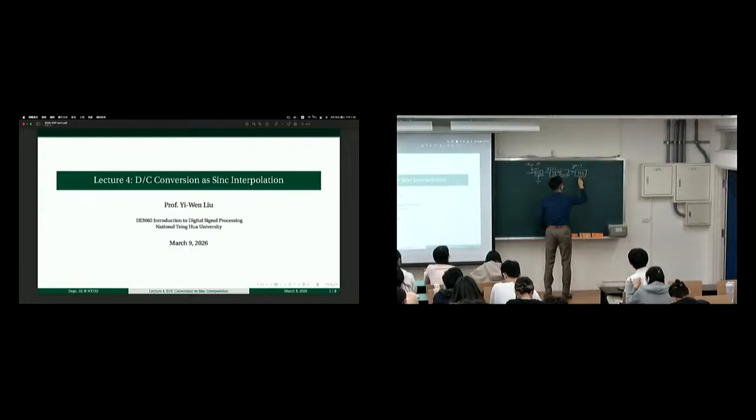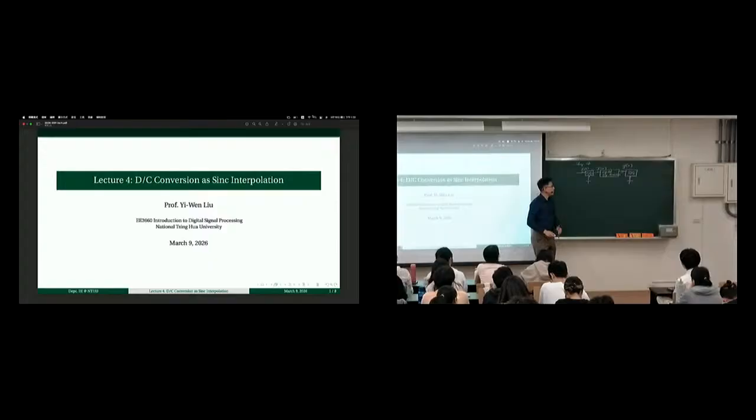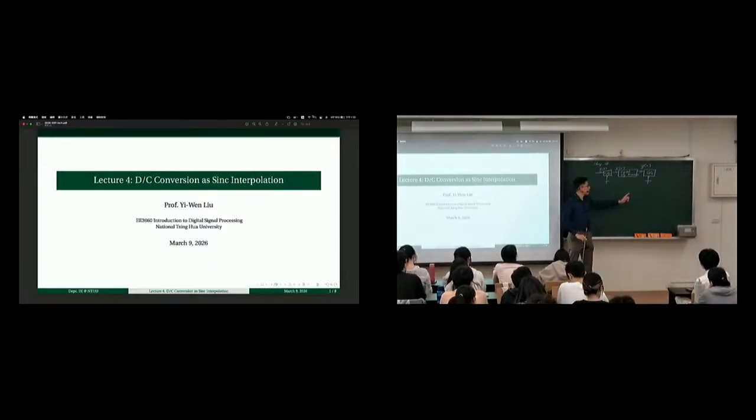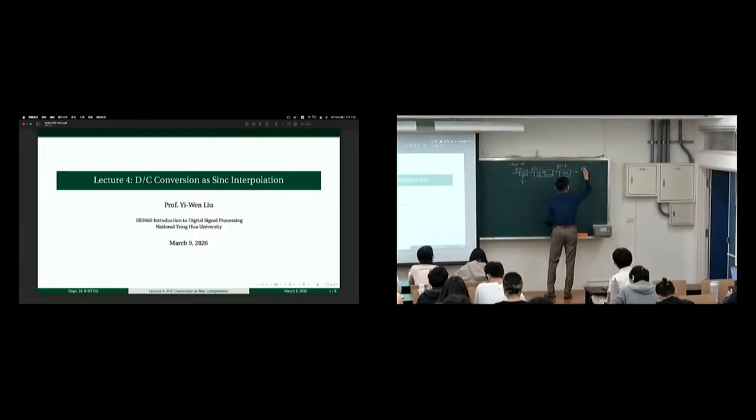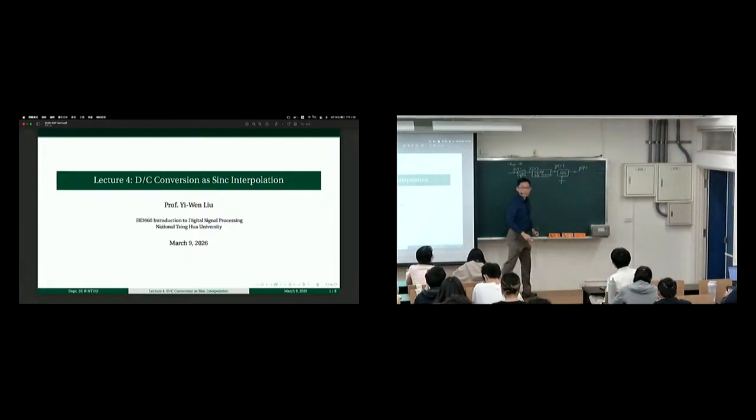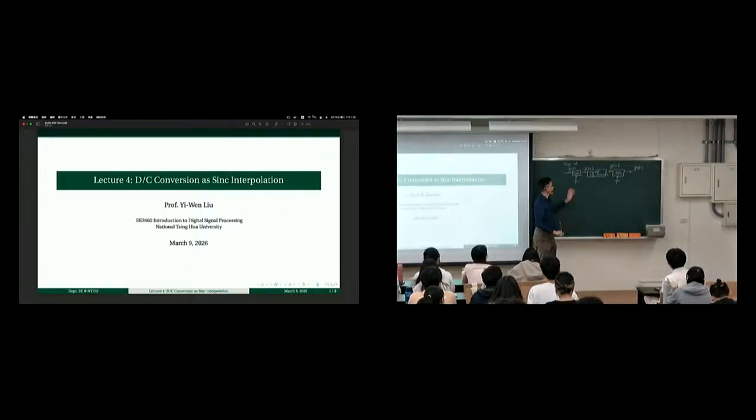And typically, almost all the time, we assume that the sampling rate for D2C is the same as the sampling rate in C2D. So anyhow, the result is going to be a signal back in the analog world.